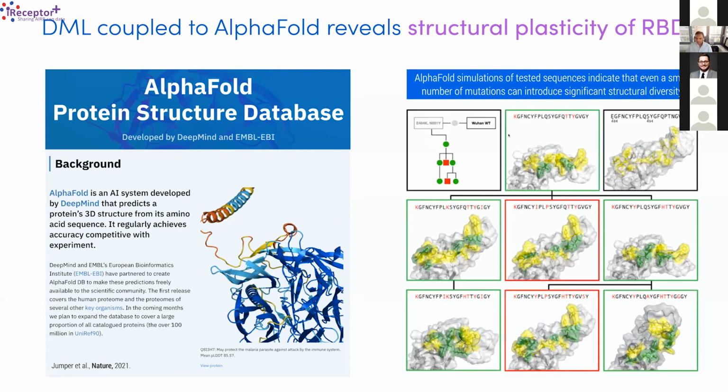And all of these variants, of the ones we've experimentally validated, were correct in terms of ACE2 binding. And that's what's indicated in green or red. Green is ACE2 binding, red is non-binding. Here's the original SARS-CoV-2. And what's actually kind of notable here is if you look at the red, these are the ACE2 non-binders.